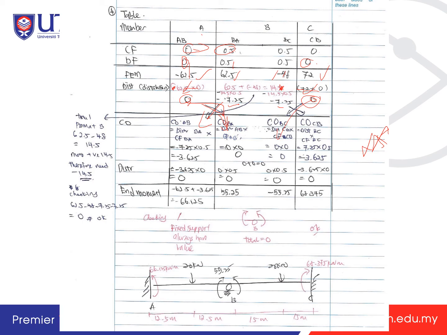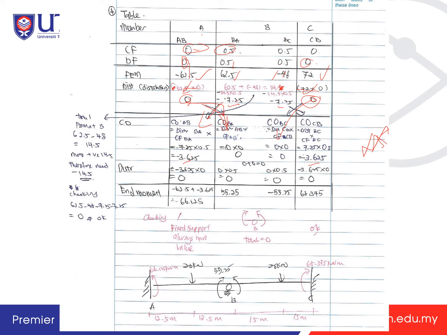No need to think. Okay, so negative 7.25 times 0.5, you will get negative 3.625. Okay, so this one negative 7.25 times 0.5, you will get negative 3.625. Okay, so this CB, what you have to do is you need to put the distribution factor again.